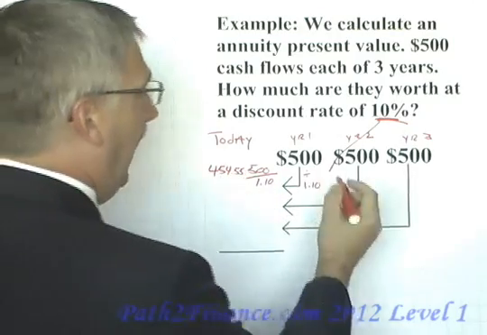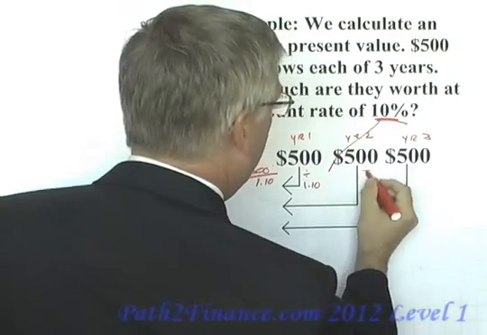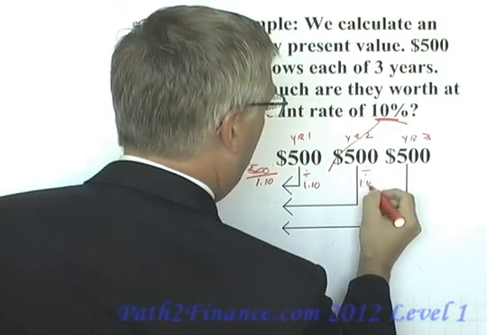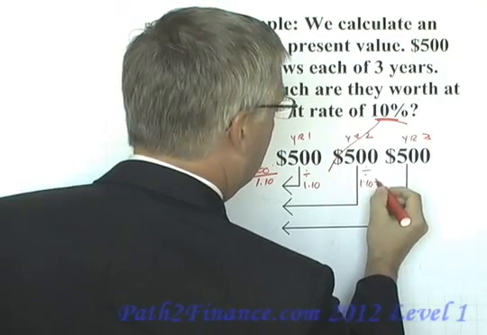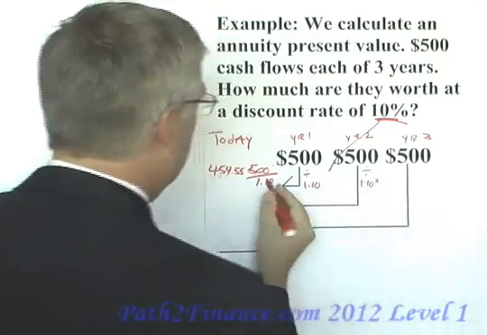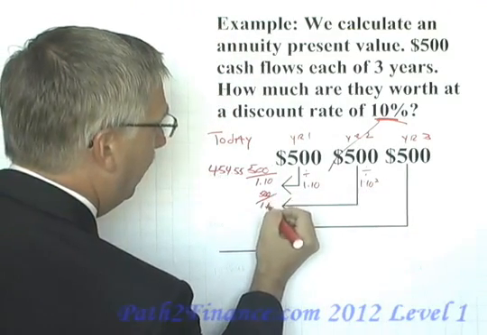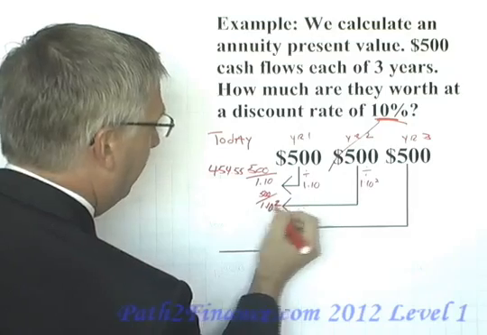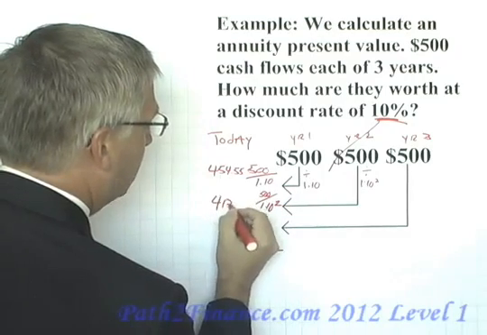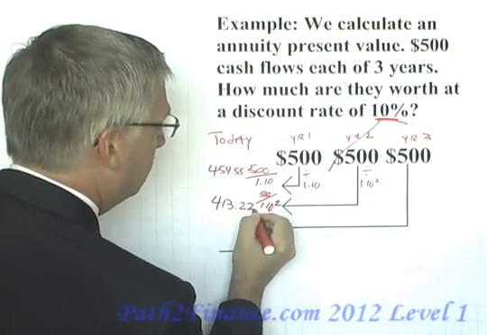454.55, and in year 2 we want to divide by 1.1 taken to the power of 2. So again, 500 divided by 1.1 to the power of 2 is 413.22.